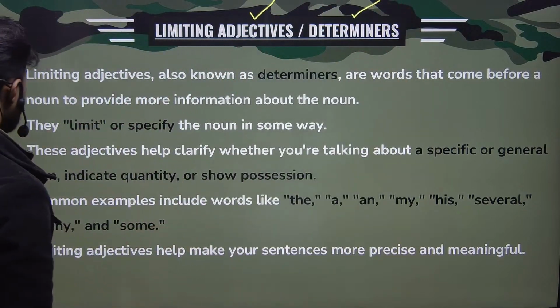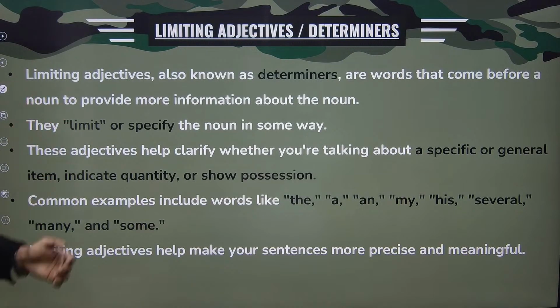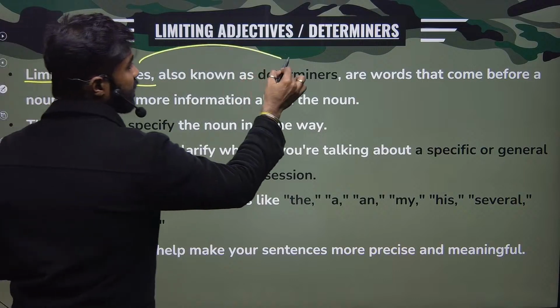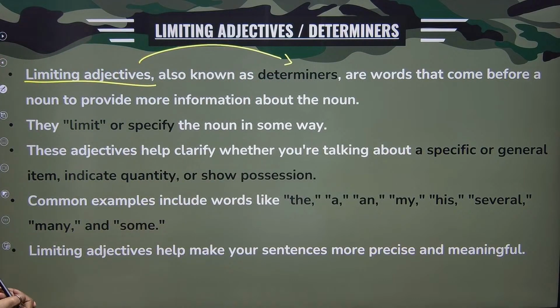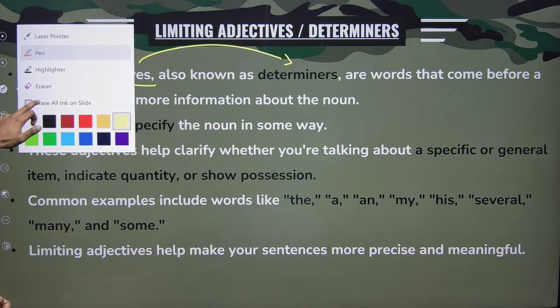Clear? Now let us have a look. Limiting adjectives, also known as determiners, are words that come before a noun to provide more information about the noun. Really important.